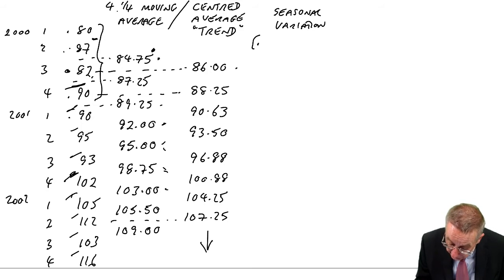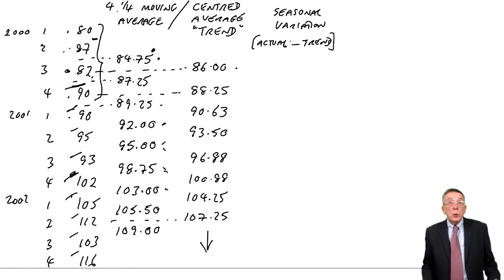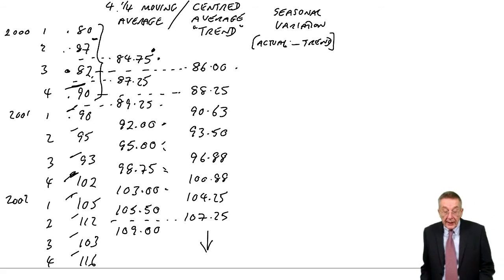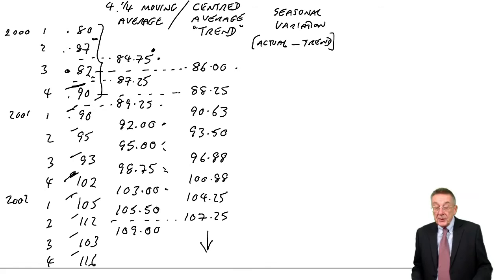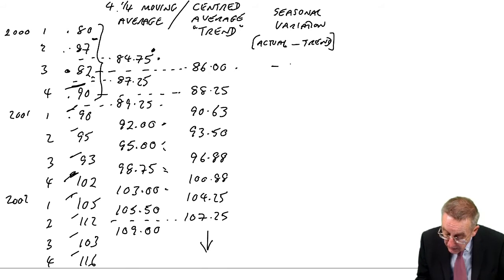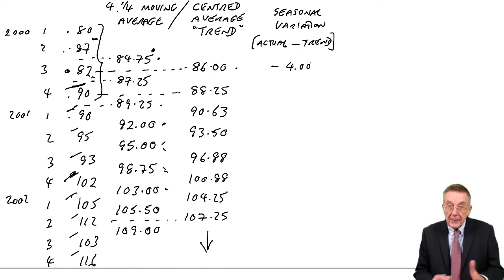We'll take the actual figure minus the trend. Now, the first two quarters we've nothing to compare with, so we can't do anything. But quarter 3, the actual was 82, the trend was 86. So we were minus 4 from the trend.